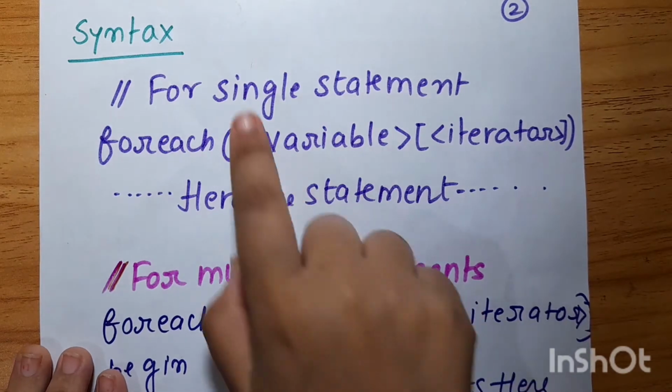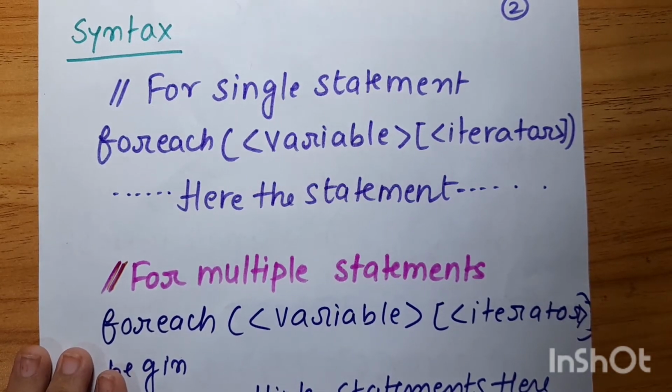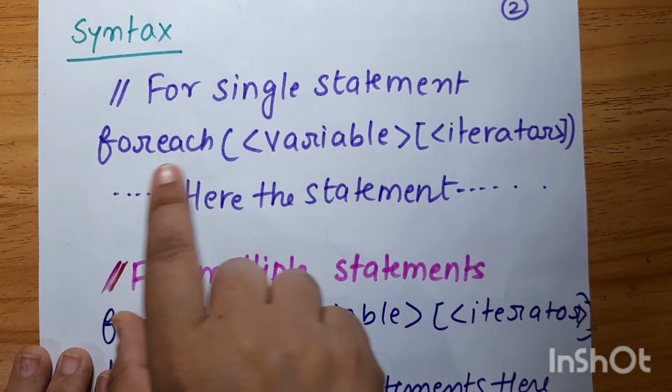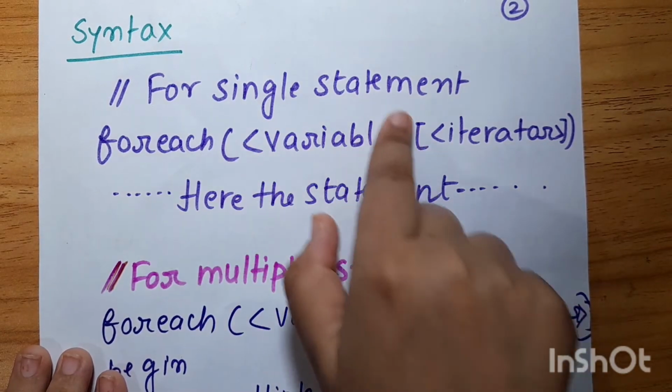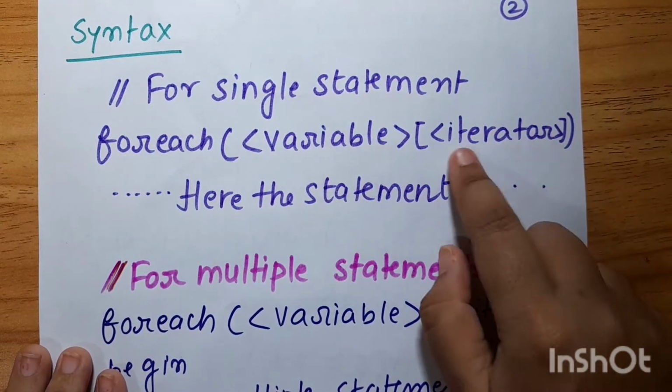Now syntax. For a single statement, suppose I want to do simple data manipulation on every element of the array. So I will have a single statement. For that, foreach, inside this bracket I will have the variable name, that is the array name, and inside the square bracket I will put the iterator.